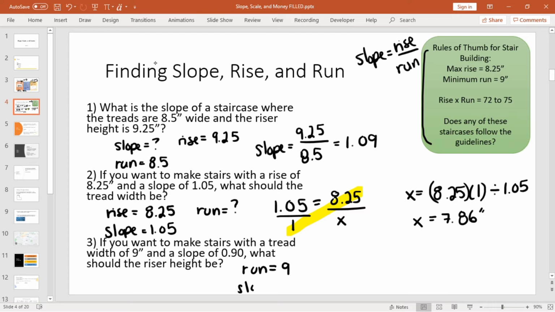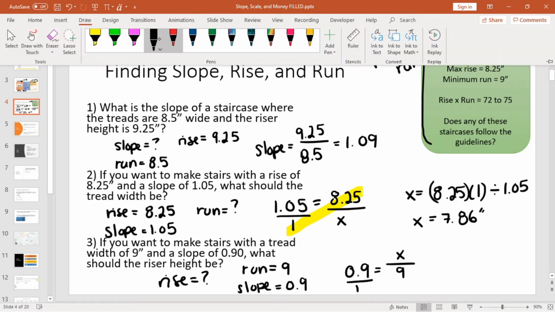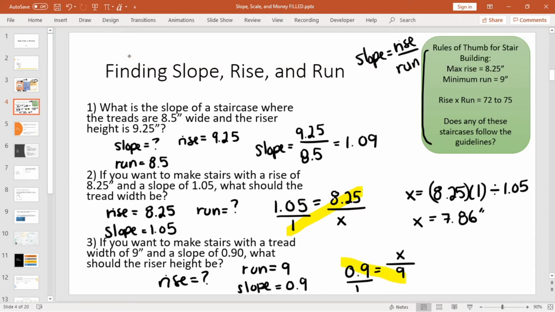Number 3. Once again, we've got a run is 9. Our slope is 0.9, and we're looking for the rise. Set it up. Slope equals rise, don't know it, over run, 9. So treat that as a fraction. Take your magic banana, it gets to go diagonally between the two numbers.